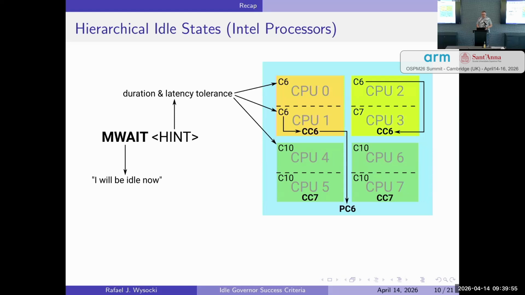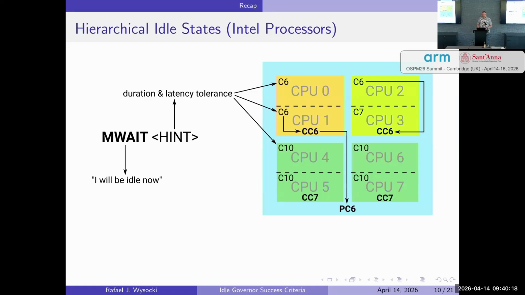Those hints are numbers, and for every processor there is a different set of hints that can be used. But they are for humans to manage all of that more easily.